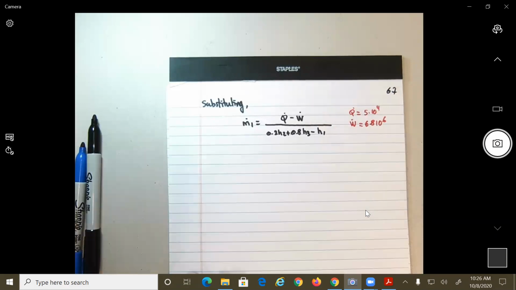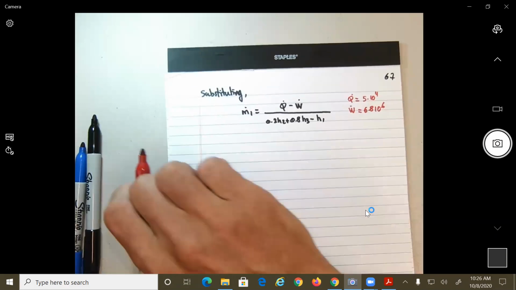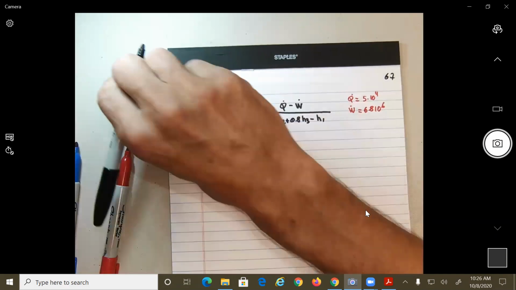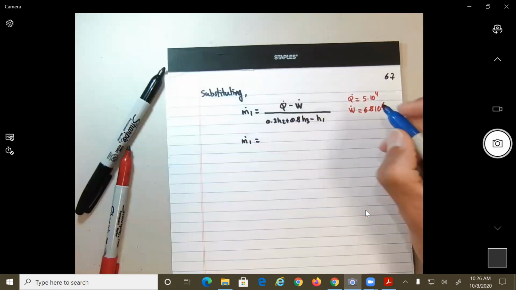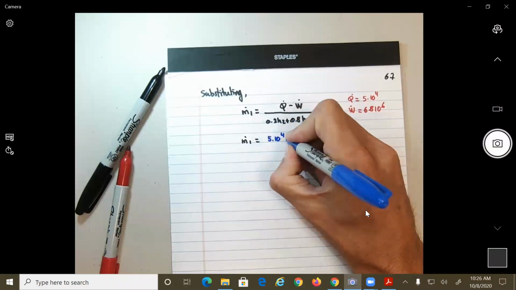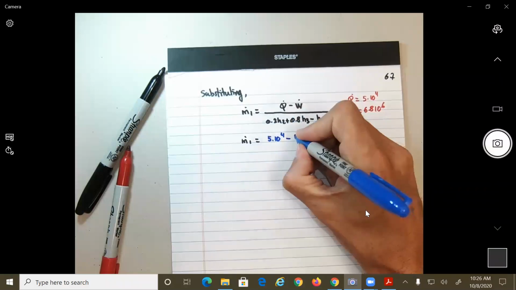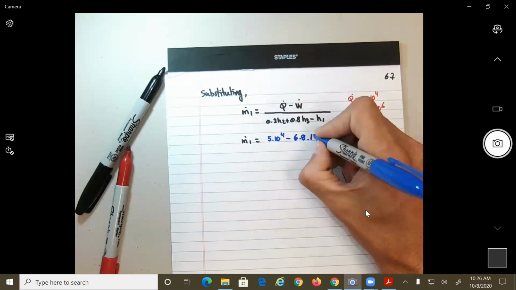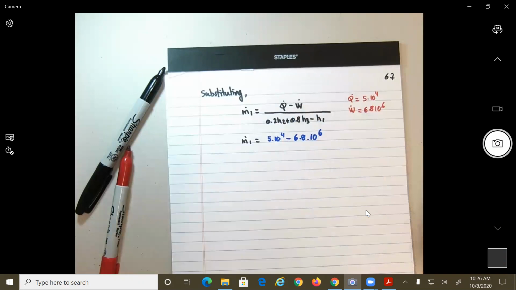Alright, so I will just substitute now. What we're going to get is m dot 1 equal to, so let's see, 5 10 to the 4 minus 6.8 10 to the 6. So here let's be careful for one second.